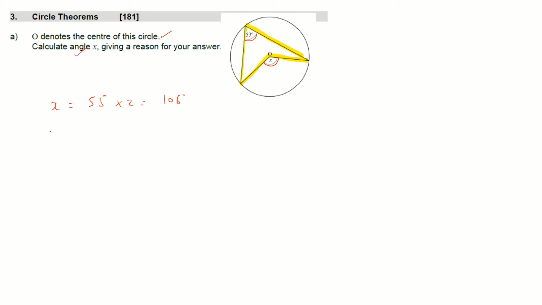And the reason is the angle at the center is double the angle at the edge. Very important first theorem right there. Okay, job done.